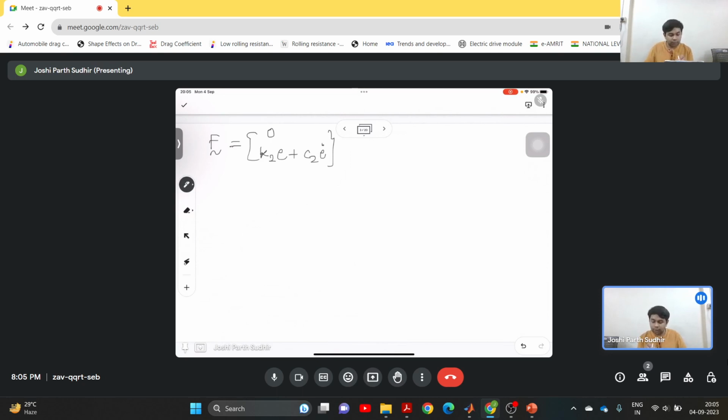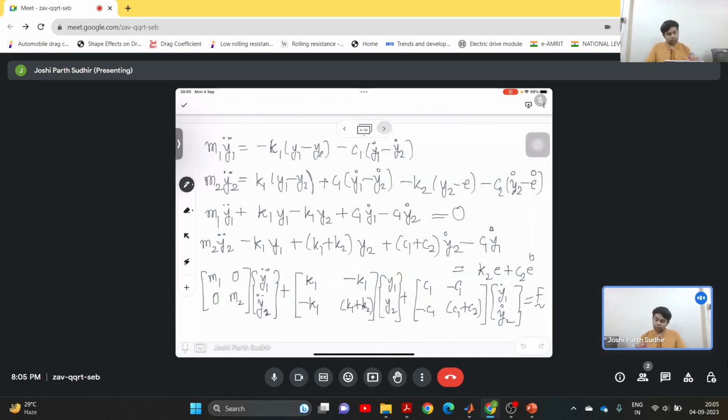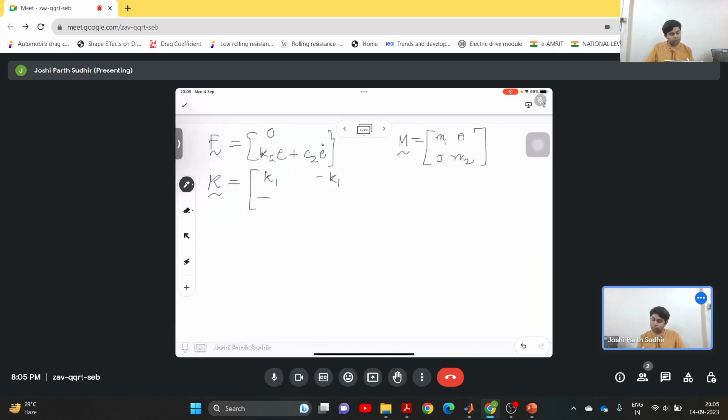And if we write our mass matrix as capital M, which is M1 0 0 M2, and our stiffness matrix K will be K1, minus K1, minus K1 and K1 plus K2, and our damping matrix will be C1, minus C1, minus C1 and C1 plus C2.